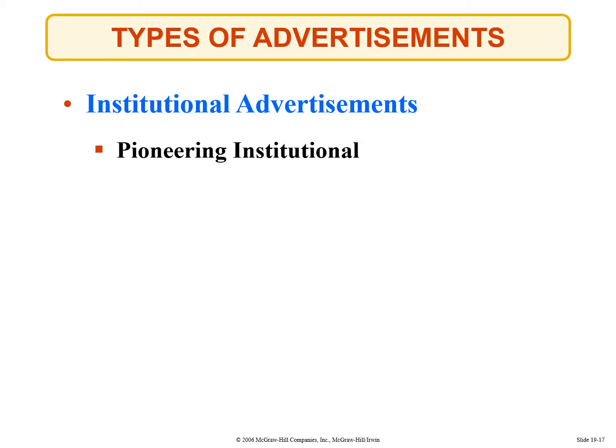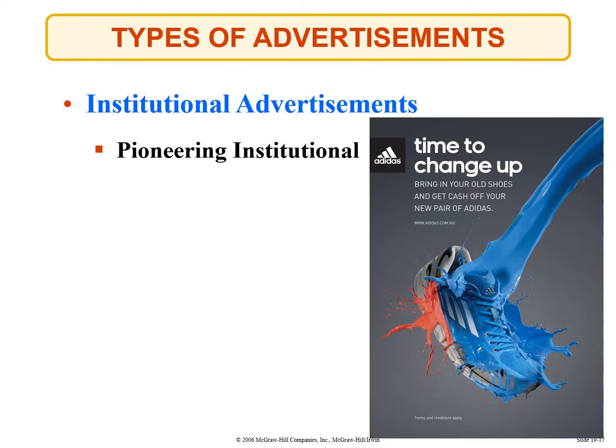Next is the pioneering institutional, which is similar to pioneering product advertisement, where you want to provide information to the consumers. Here in pioneering institutional, we want to inform the consumers about some new products that have features that were not previously available. So, for example, this Adidas ad shows: bring in your old shoes and get cash off your new pair of Adidas.